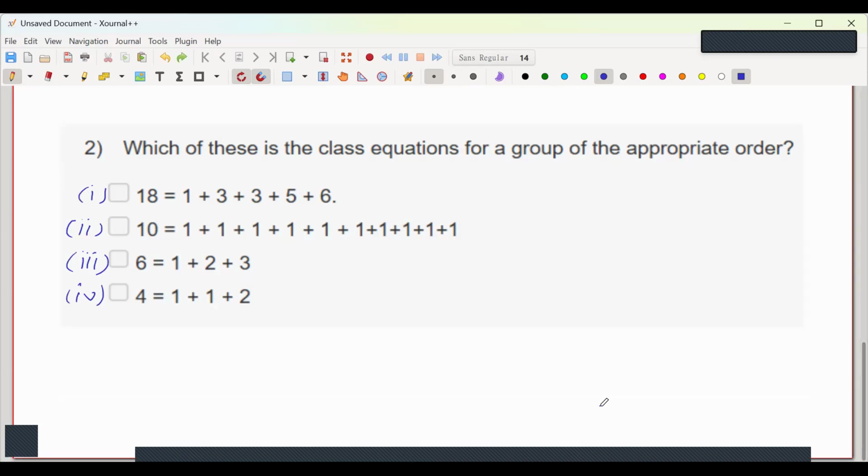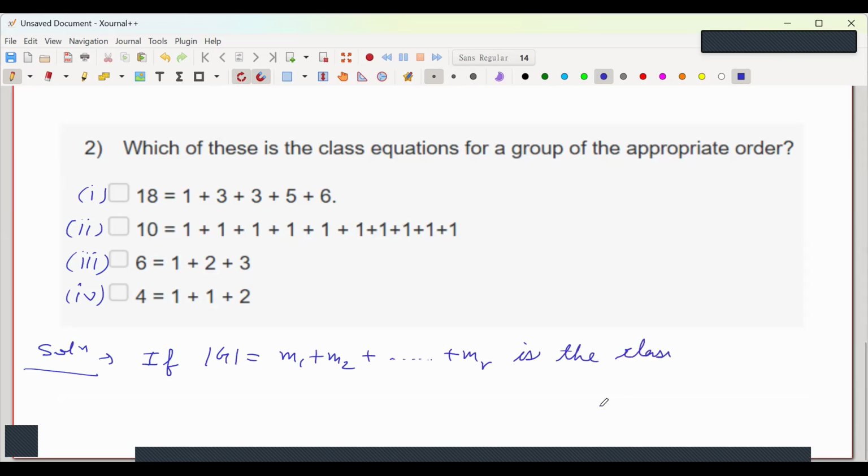Solution two. If m_1 + m_2 + ... + m_r is the class equation of some group G, this is a claim which we will prove.